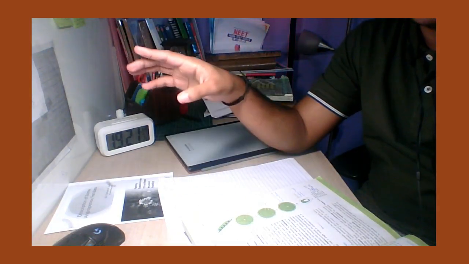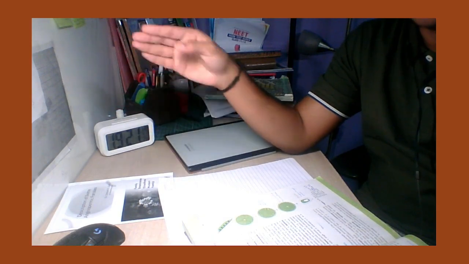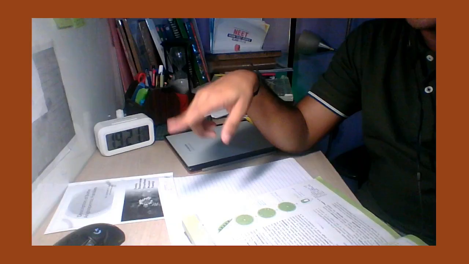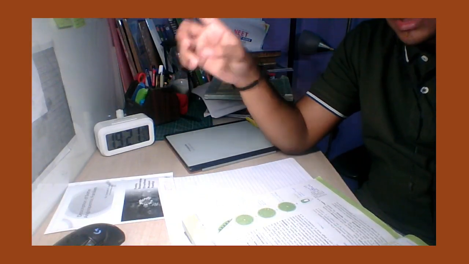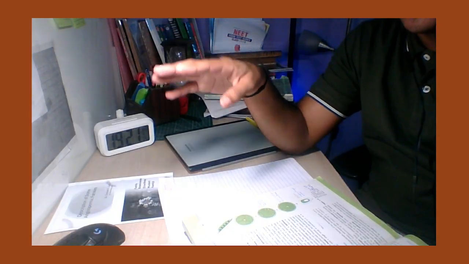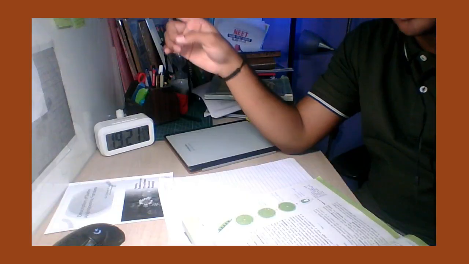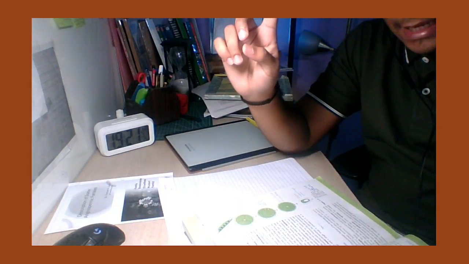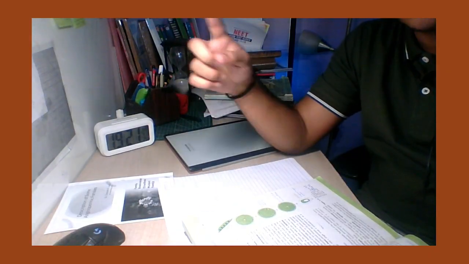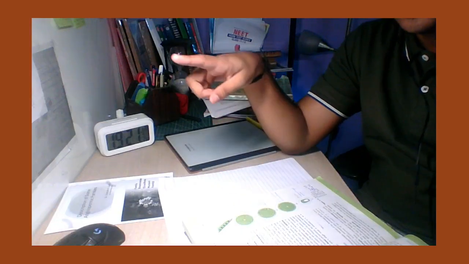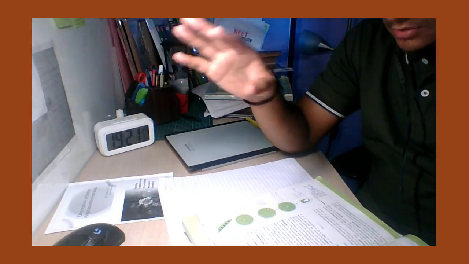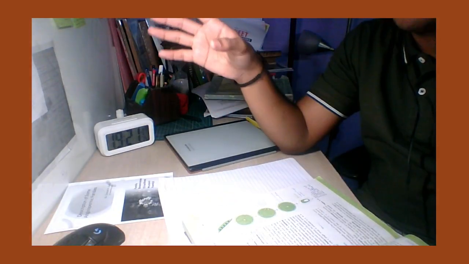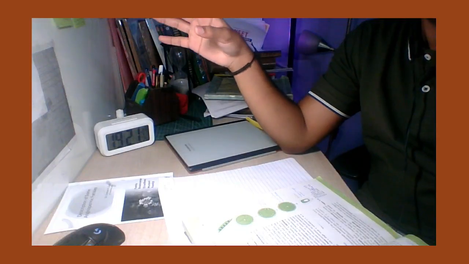We have twisted in Malvaceae: ladyfinger and cotton, and hibiscus or china rose. And we have imbricate in cassia and gulmohar. And we have valvate in calotropis, which also has opposite decussate phyllotaxy. So we can also remember cassia and gulmohar, and pea and bean, which is Fabaceae.